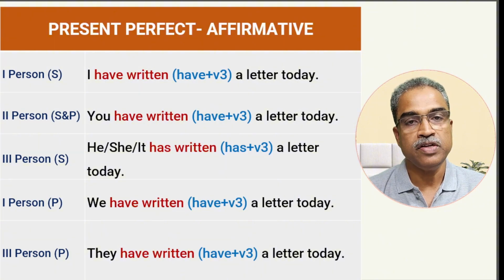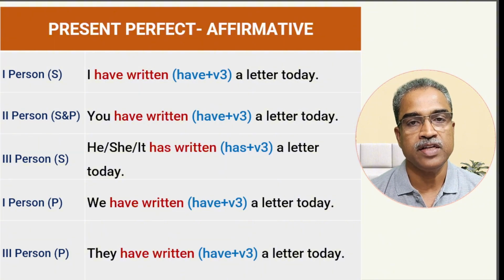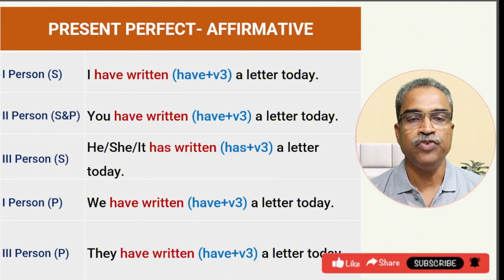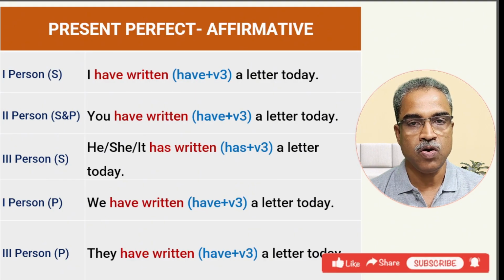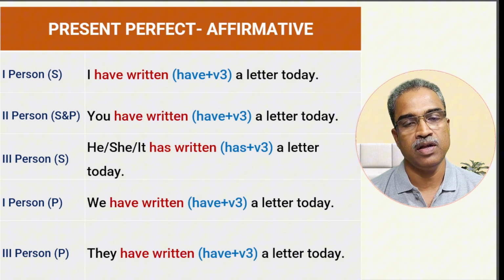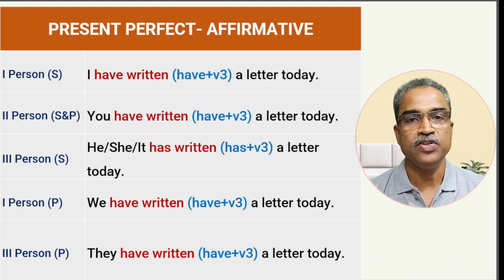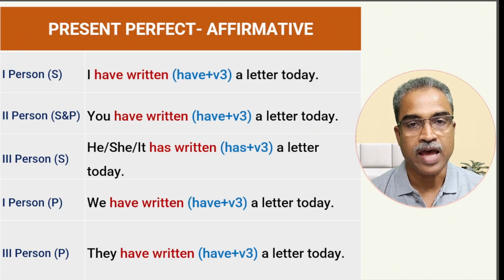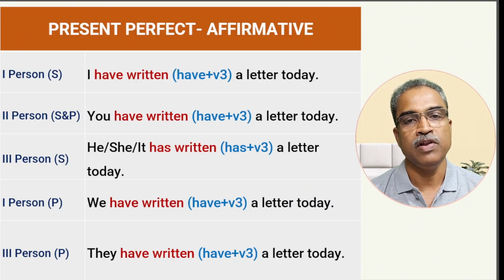So what you need to understand here is, after every subject, we use the auxiliary verb have. And in the third person singular, instead of have, we need to use has. And the main verb will always be in the V3 form.